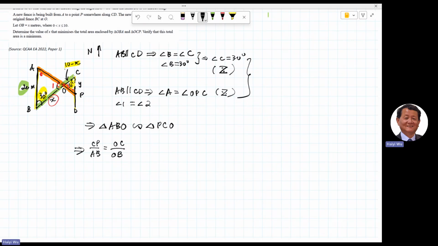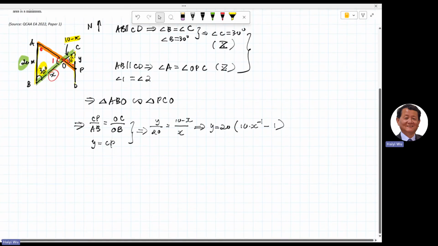If I call CP Y, then Y over AB, which we know is 20, equals OC, which is 10 minus X, over OB, which is X. I'm going to rearrange that, so Y equals 20 times (10 times X to the power of -1, minus 1).